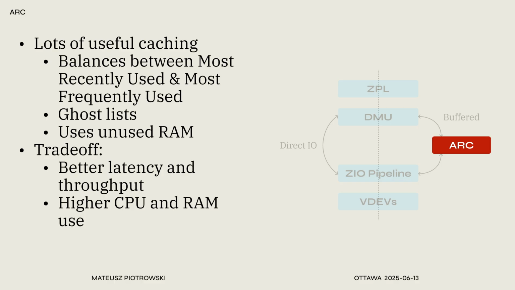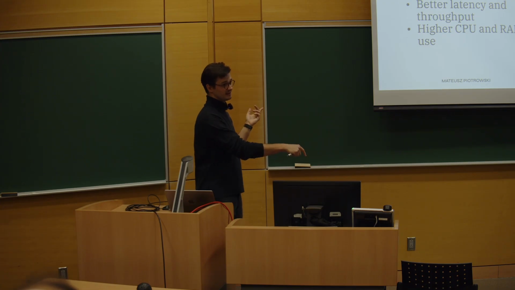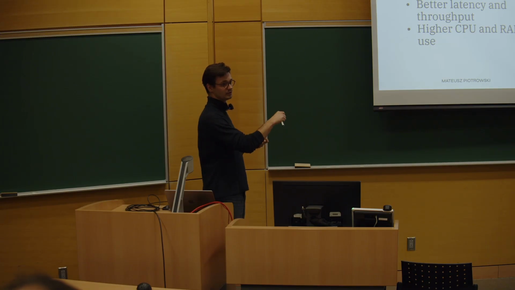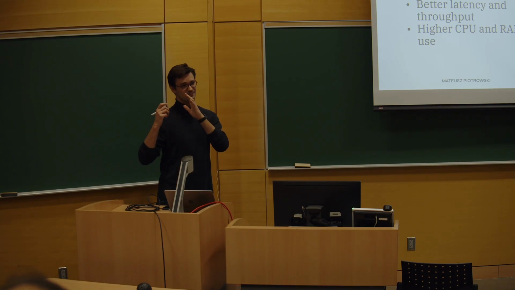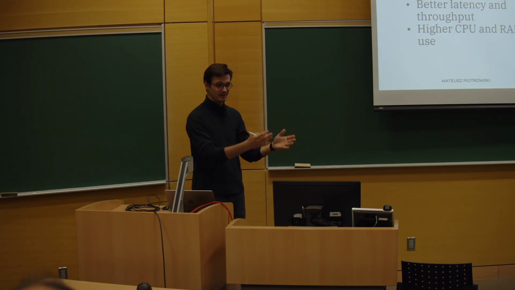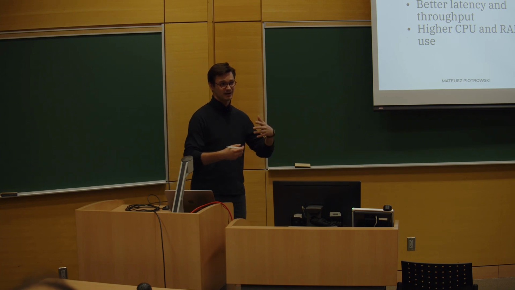And then if it turns out you actually want to use this file again, but it's not in the cache anymore because it was just evicted, the ARC takes note of it and increases a metric called ghost hits, which means that if I hadn't evicted the file, you would have had a hit, but it wasn't there, so I had to go to the disk.